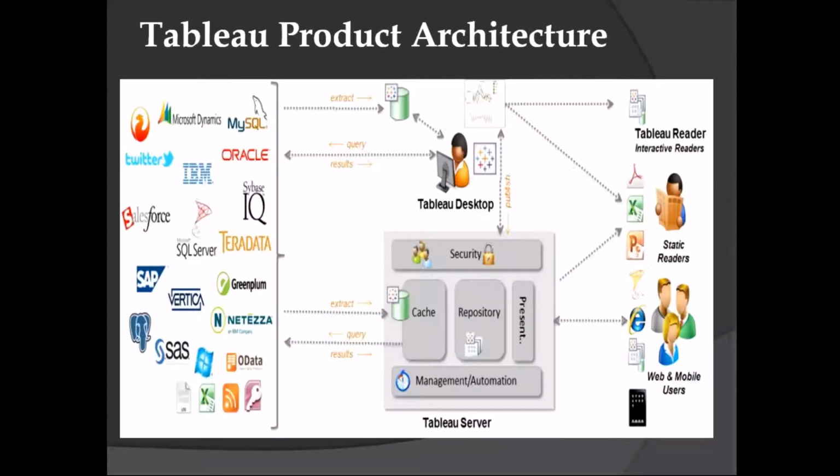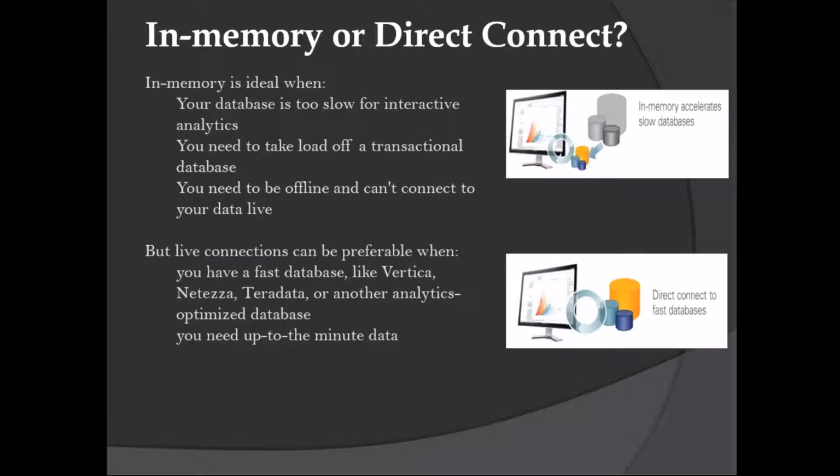So I told you that Tableau Desktop can connect to any data source either by live connection or an extract. There is a data engine that is in-memory available in Tableau. When you need to go in-memory and when you need to go for a direct connection is simple, I have explained here. When you have extracted your data, what Tableau does is completely extract your data from physical memory to the local system, that is, where Tableau is installed.